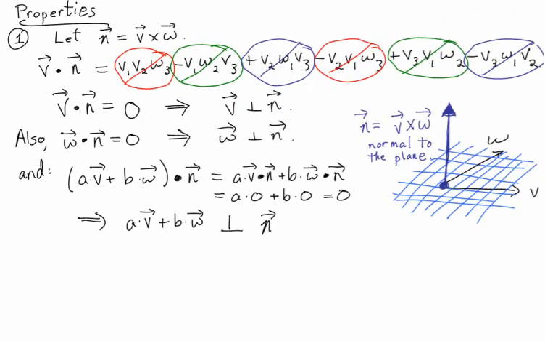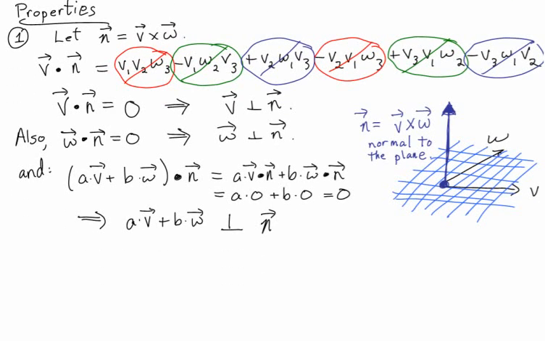Now, what other properties does the cross product have? There's more than just one. Another property it has, which is similar to a property of the dot product, is that we could use the cross product to tell us something about the angle between the two vectors.